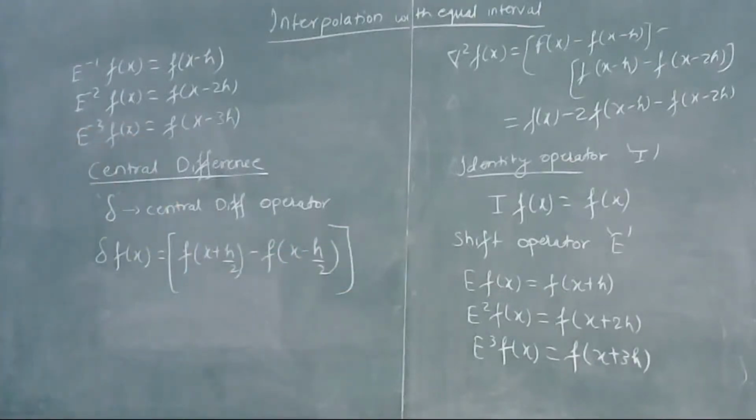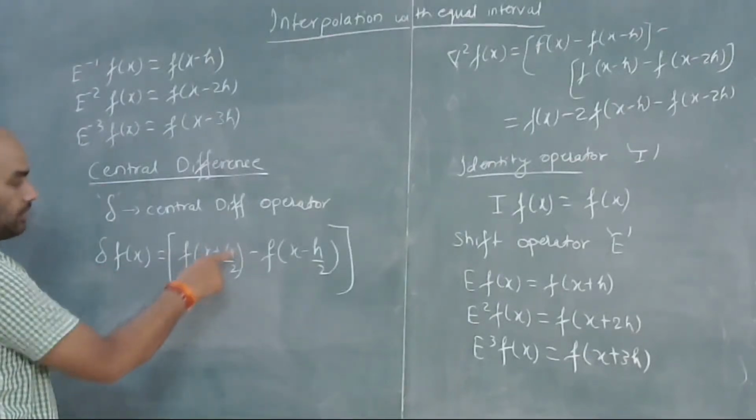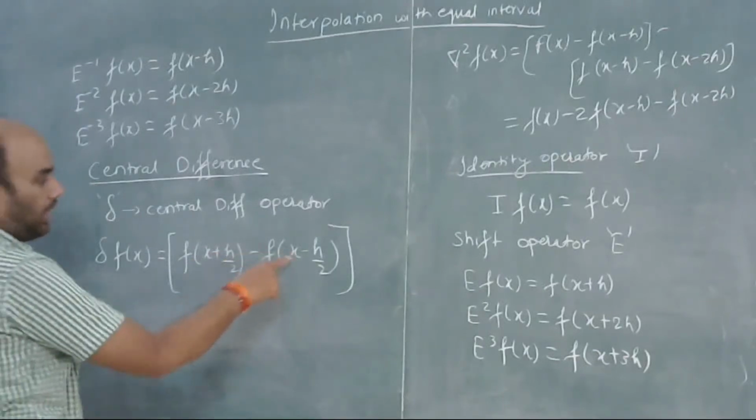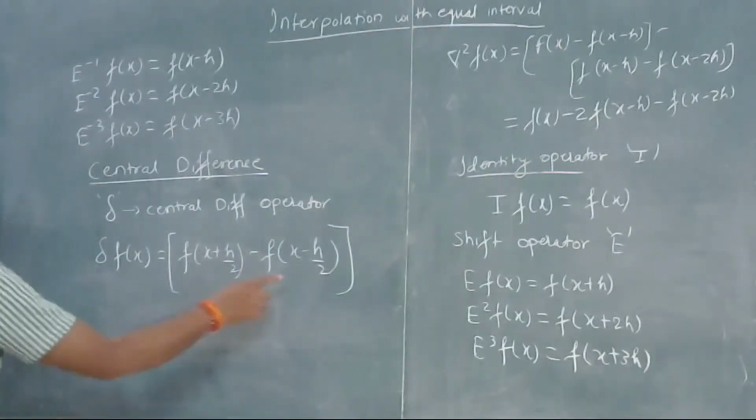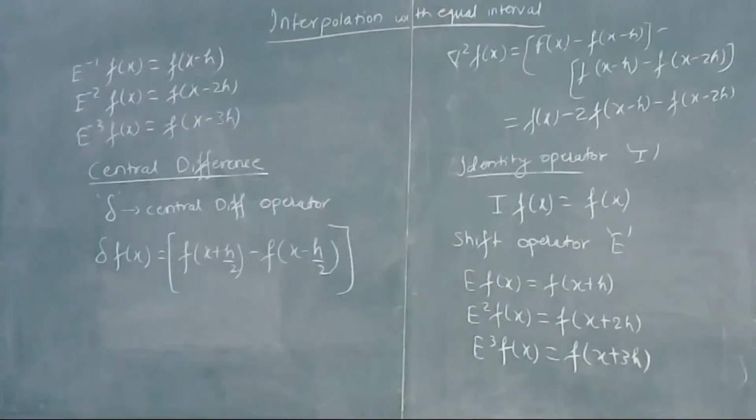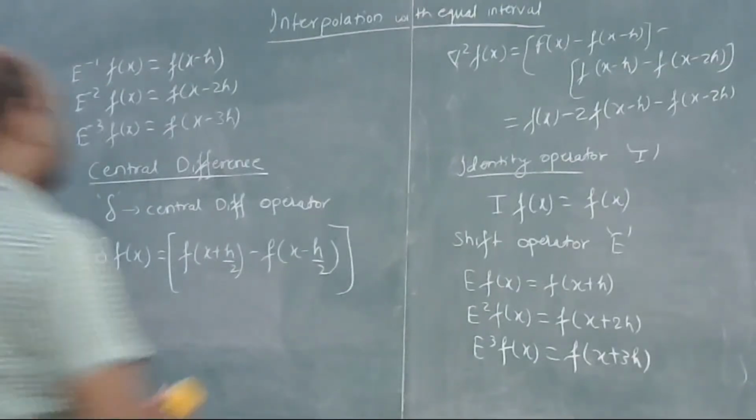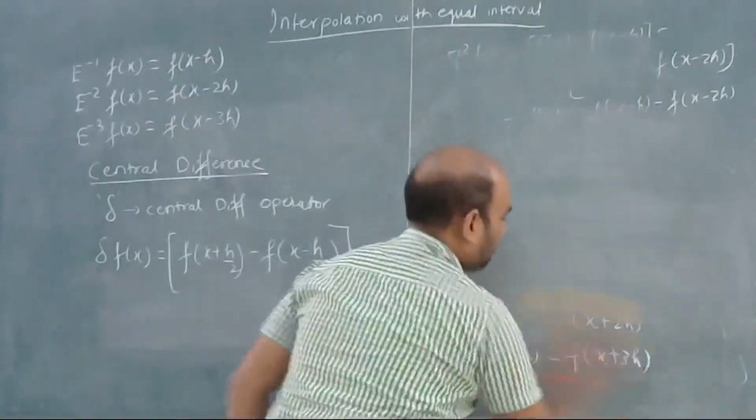So it will increase the value of x by h by 2 and decrease it by h by 2. Okay, so this is the formula for the central difference operator.